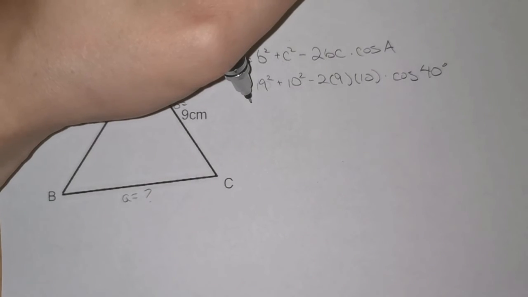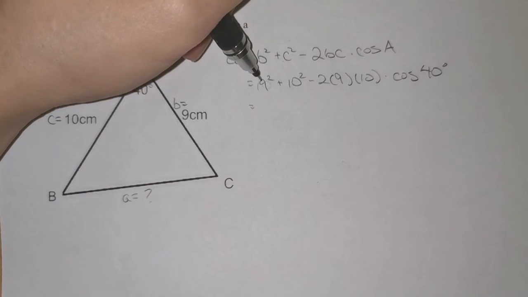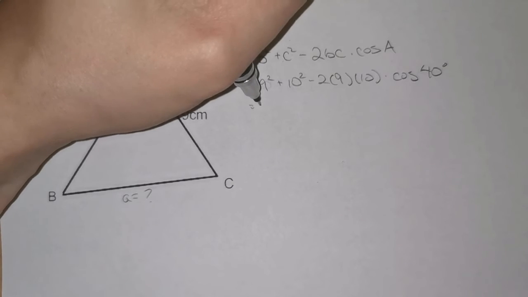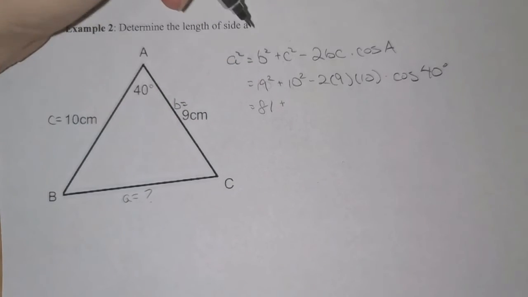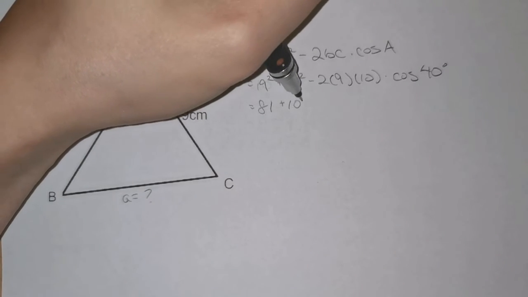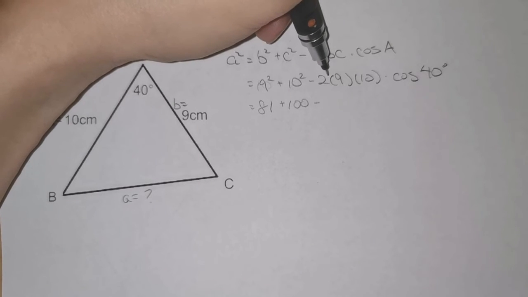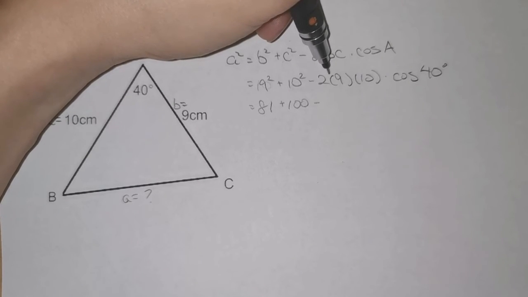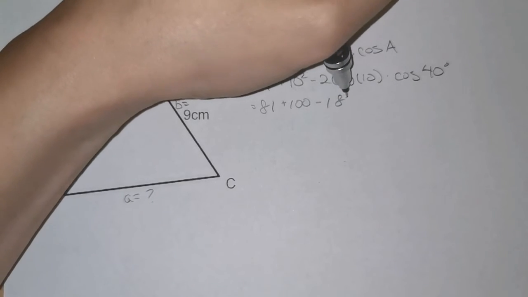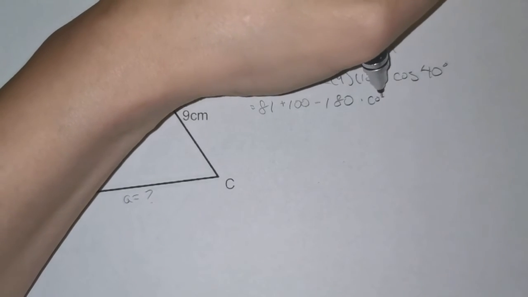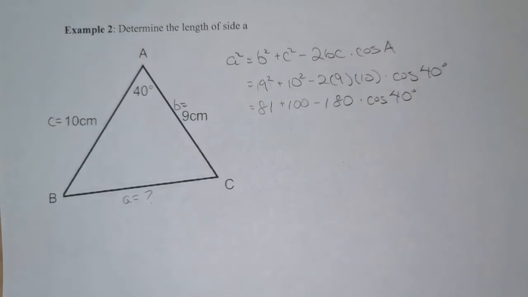Okay, now we do a little bit of calculator stuff. 9 times 9 is 81, 10 squared is 100, 2 times 9 is 18 times 10, we get 180 times cos 40.